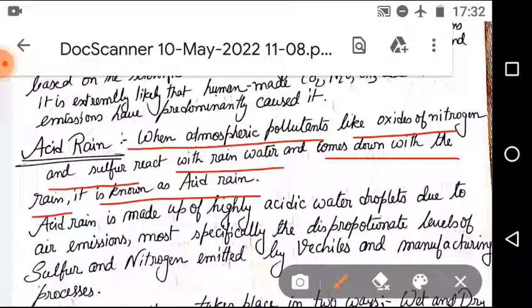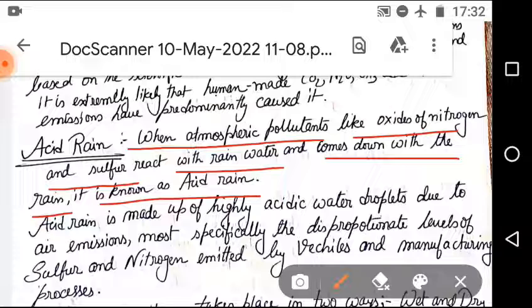How does acid rain occur? When atmospheric pollutants like oxides of nitrogen and oxides of sulfur react with the rainwater. We get the oxides of nitrogen and sulfur from the emissions from the chimneys of factories and from the exhaust pipes of vehicles.